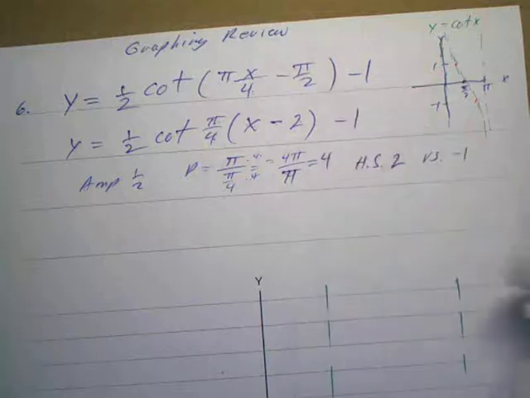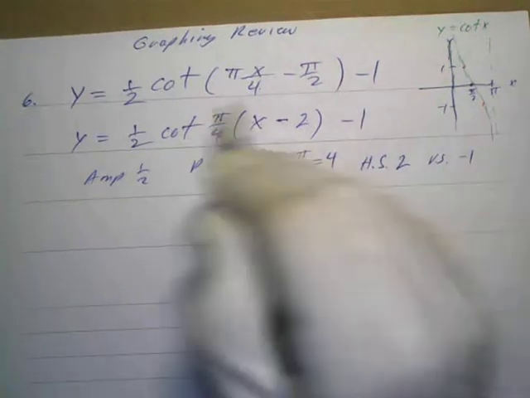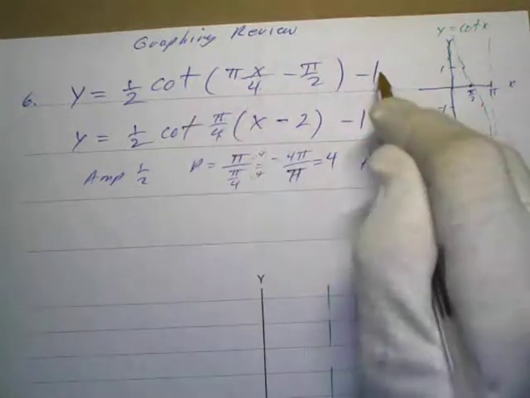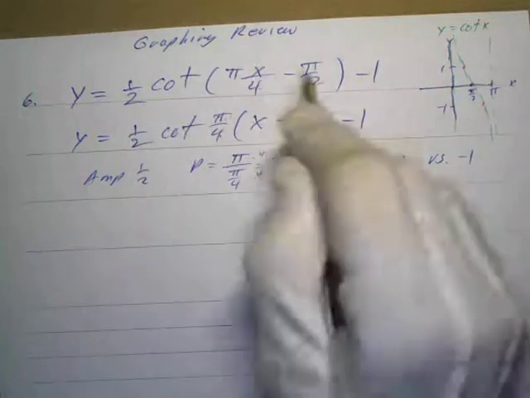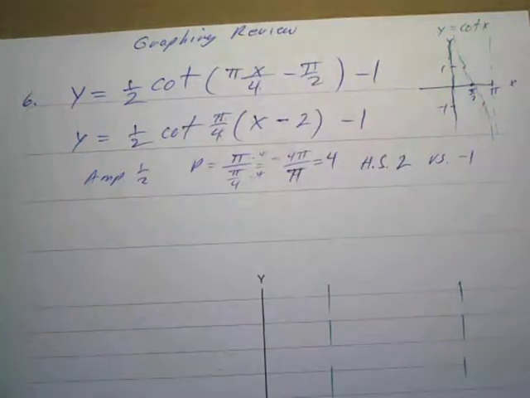The cotangent of pi over 4 is 1. And 1/2 times 1 is 1/2, minus 1/2 is... So this is 1. Okay, and let's do it again.